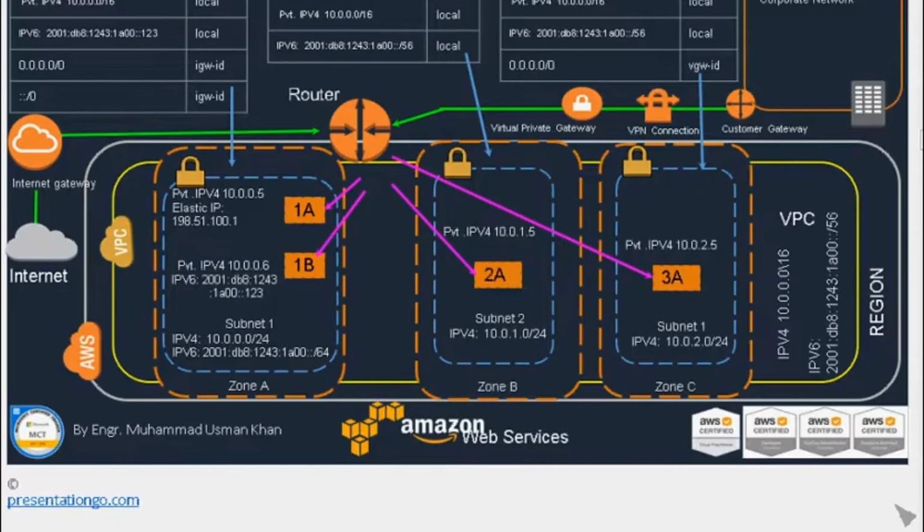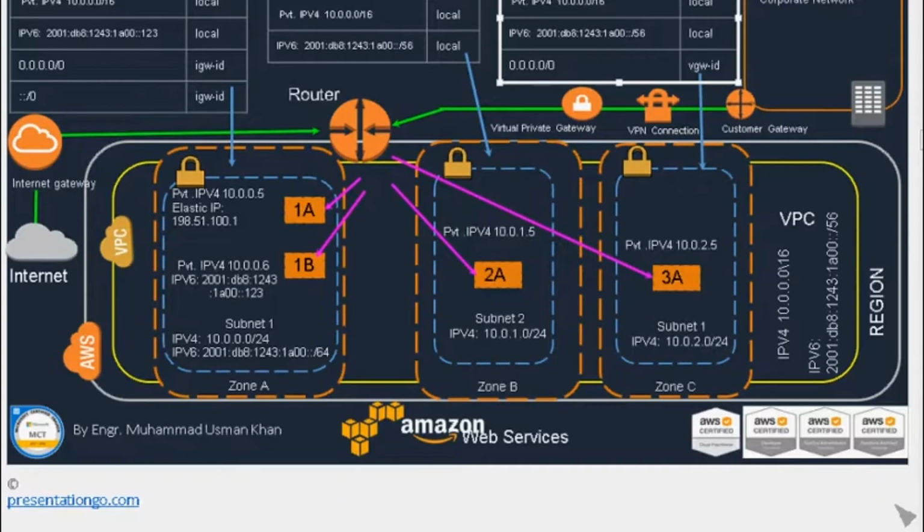The third one is the hybrid subnet. The first route is the same as we already discussed in the zone B route table and zone A route table. The second one is the IPv6, the same thing, and the last thing is 0.0.0.0/0, but this default route mentions not the IGW but the virtual gateway, VGW.